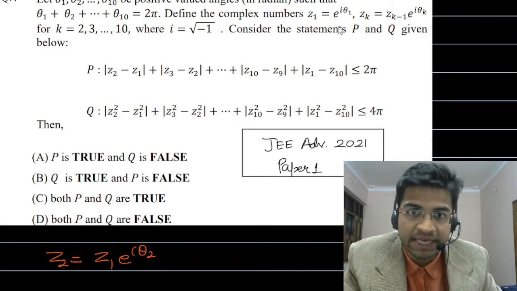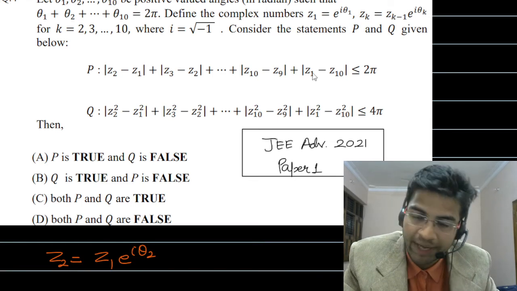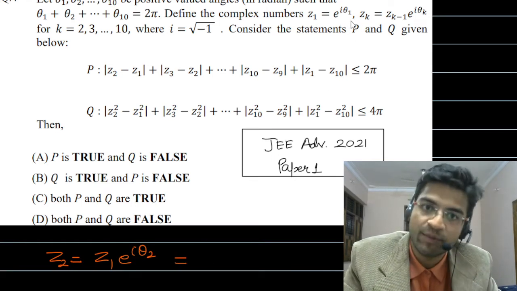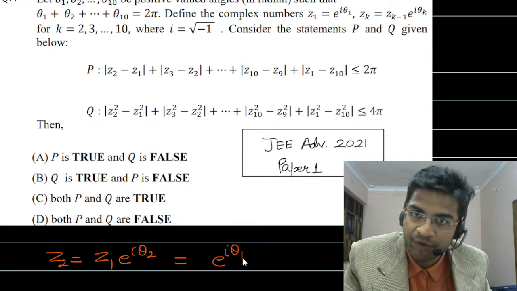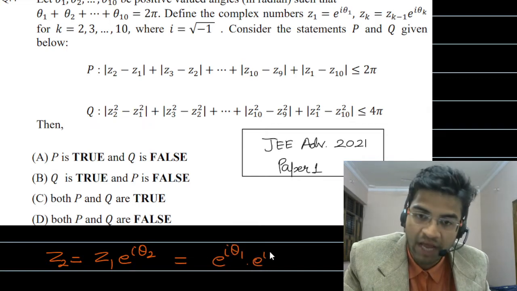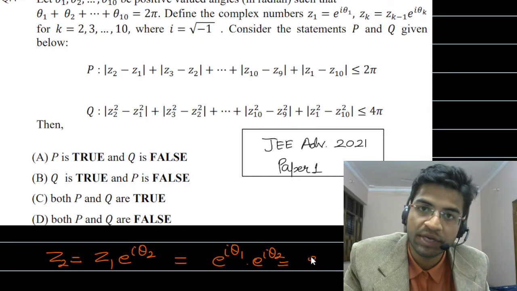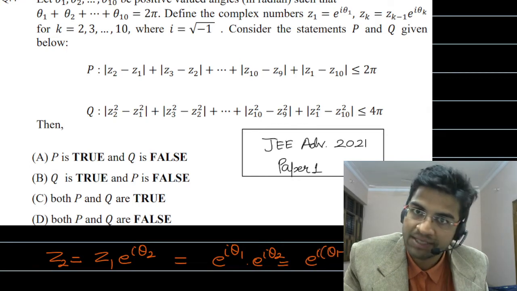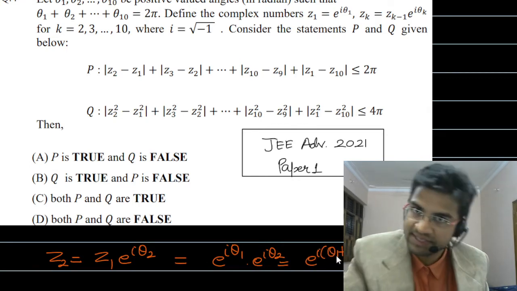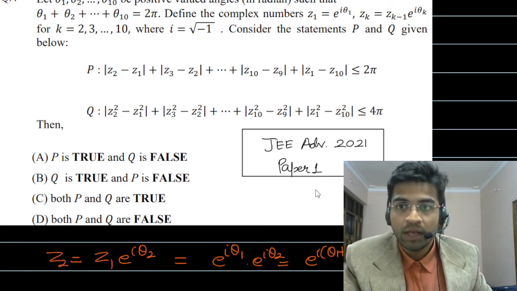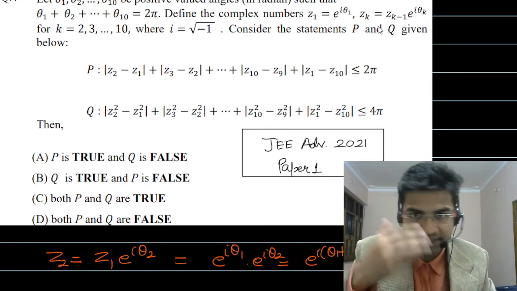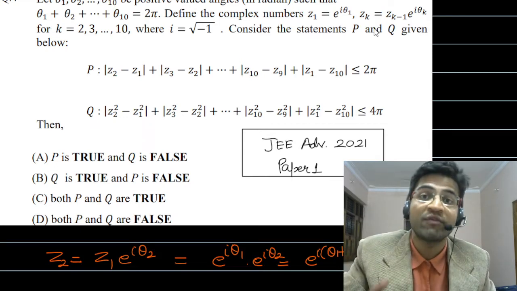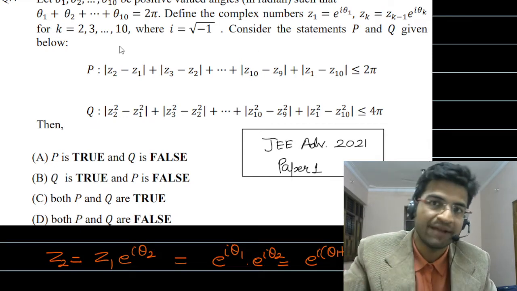And z1 is e^(iθ1), so replace z1 by e^(iθ1). e^(iθ1) into e^(iθ2) is equal to e^(i(θ1+θ2)). Fine, this is our z2. Now this same expression is true for k = 3, 4, 5 till 10.